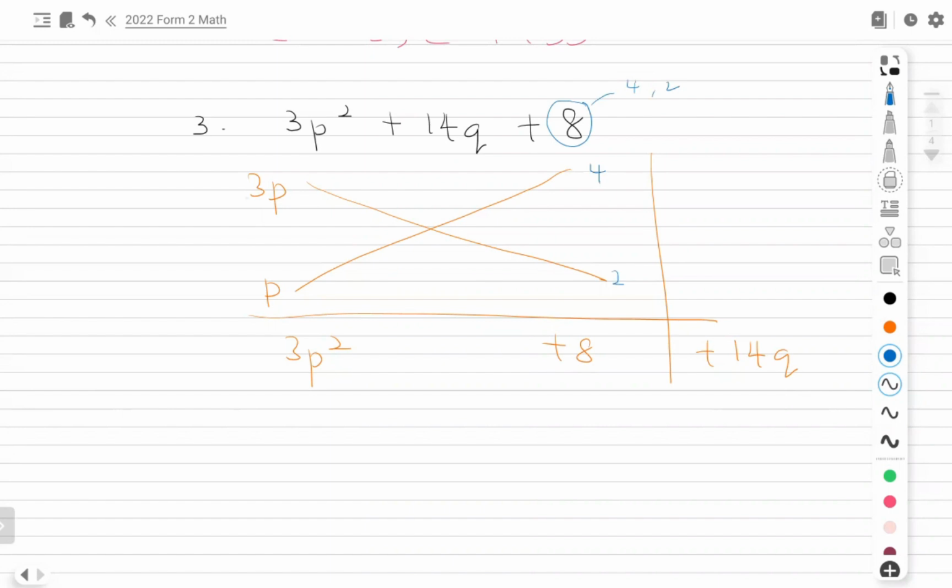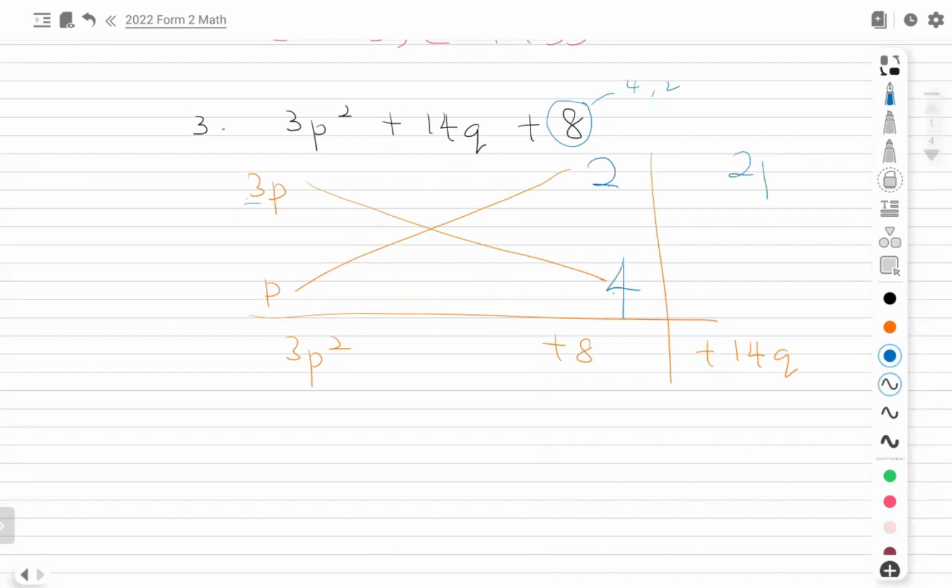Then 3 times 2, 6. 6 and 4. 8 cannot. So you have to swap. So 3 times 4, 12. 12 and 2, you can make it to 14. Then you fix it already. Make it bigger. Follow the line, multiply.